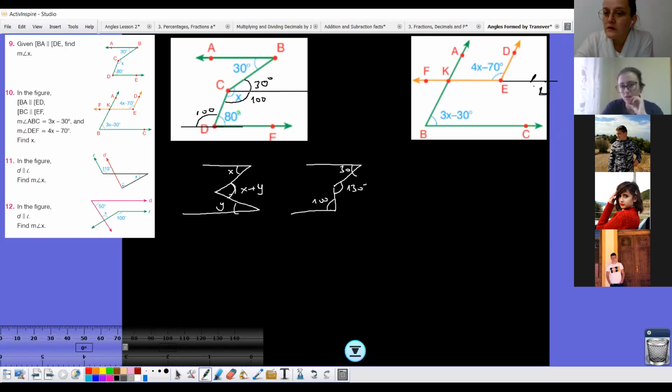The measure of angle DEL will be 180 minus (4x minus 70). Let me write here, measure of angle DEL will be 180 minus (4x minus 70), but write this one in parentheses.